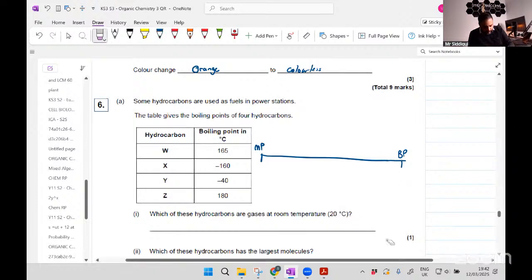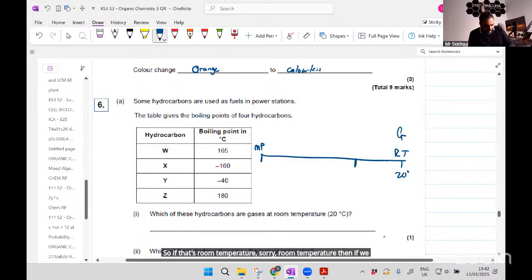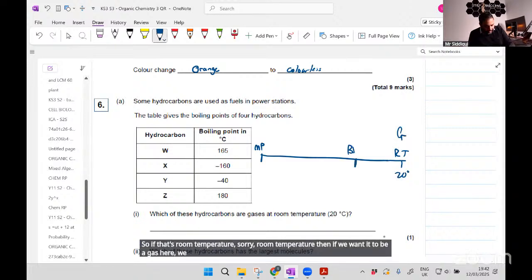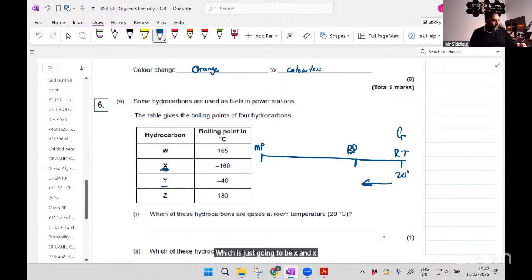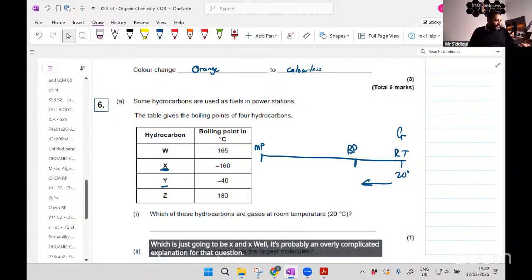So if that's room temperature, then if we want it to be a gas, we need its boiling point to be less than 20. So anything that's less than 20 should be the answer here, which is just going to be X and Y. It's probably an overly complicated explanation for that question. But yeah.